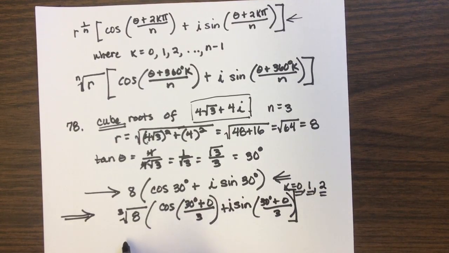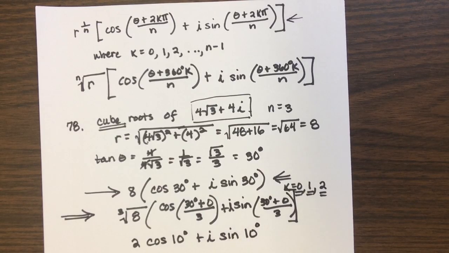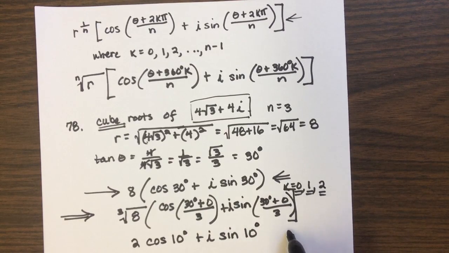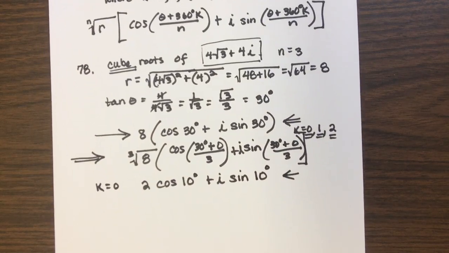So this is just going to be the cube root of 8, which is 2, cosine of 30 over 3, which is going to be the cosine of 10 degrees, plus I times the sine of 10 degrees. There's one of my roots. That's when k is 0.